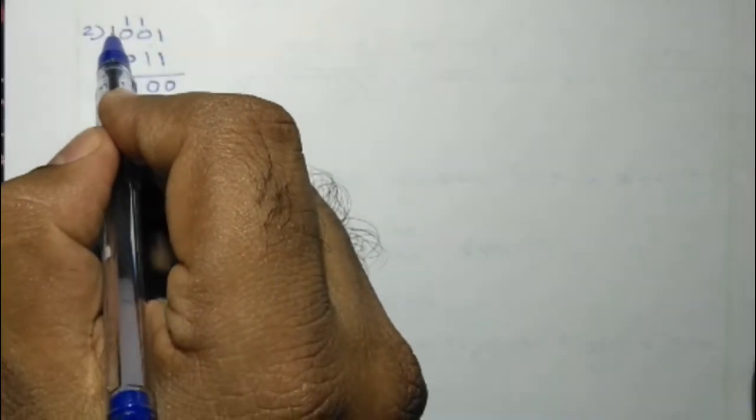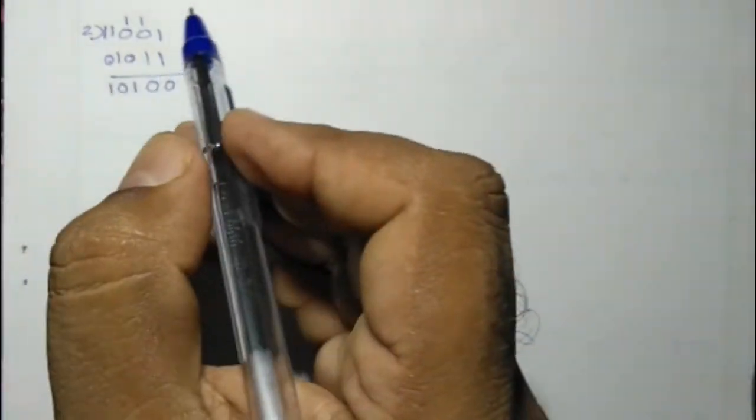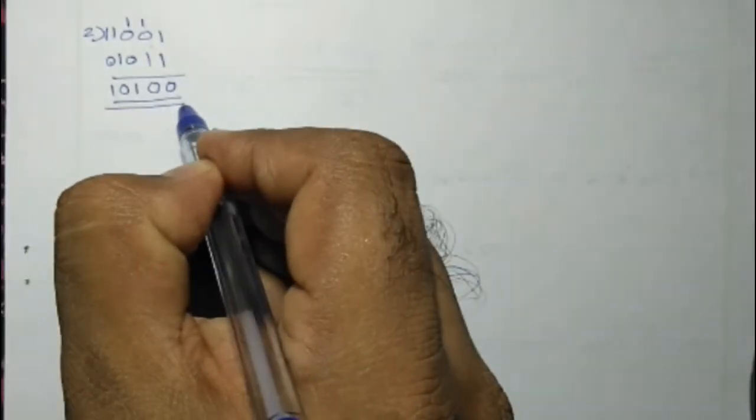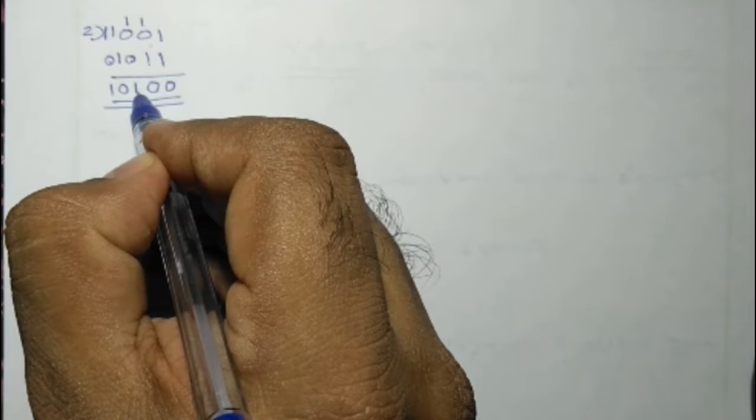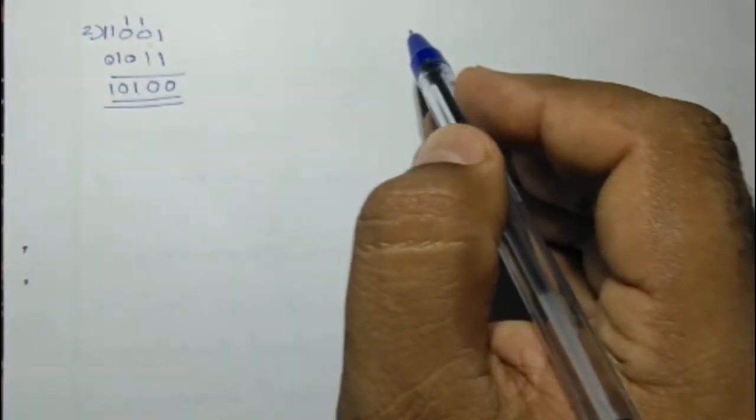Now here it is 1 plus 1, which is a 0 with a carry 1, and that carry is added with an imaginary 0 here, and that is 1 plus 0, which is 1. So the answer is 1 0 1 0 0. You can check whether this is correct using the conversion from binary to decimal. I'm leaving that part with you.